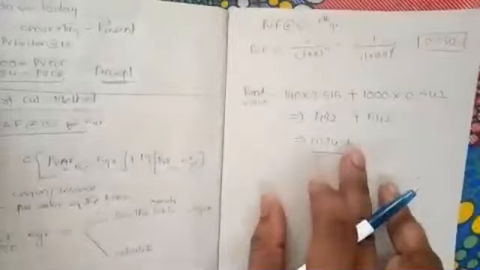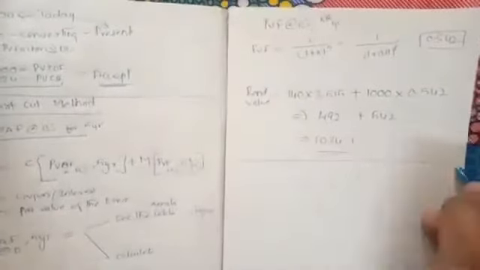Here you got 1034, and earlier also you got 1034. This is what we call the shortcut method. By using the shortcut method also you can do the problem.